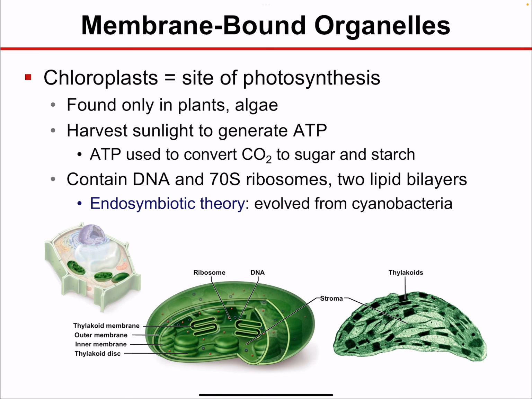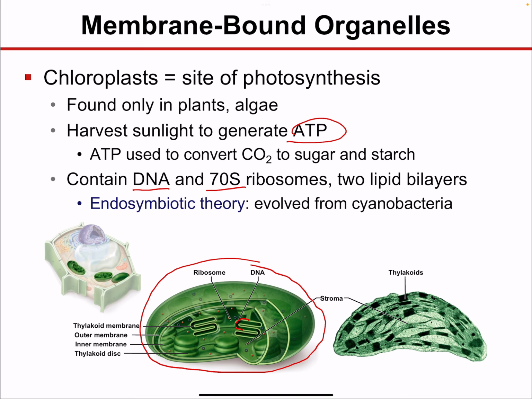Just similar to mitochondria, chloroplasts actually are also thought to have had a life of their own. Why? Because just like mitochondria, they have DNA, they have ribosomes that are 70S ribosomes. They are able to produce ATP via electron transport chain that are located in the membrane of the thylakoid right here.